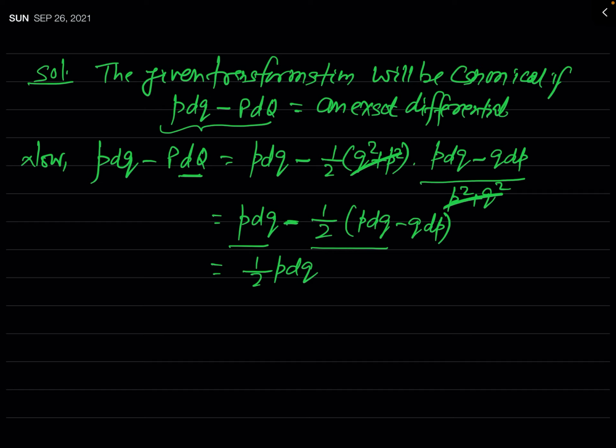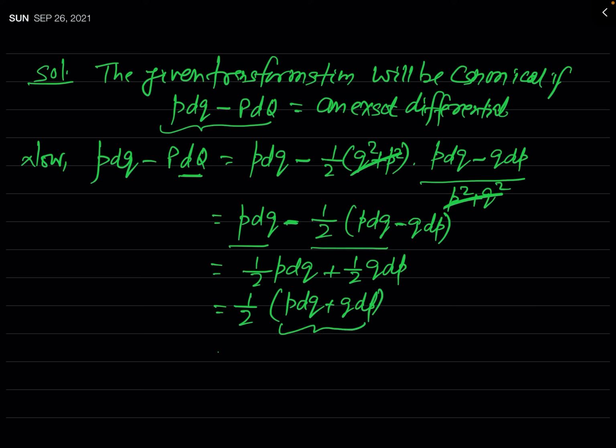And this minus and this minus here will become plus, so this is half q dp, and you can write this as half (p dq plus q dp).